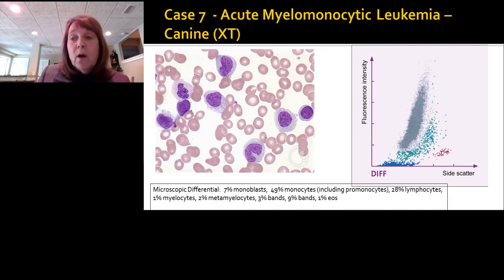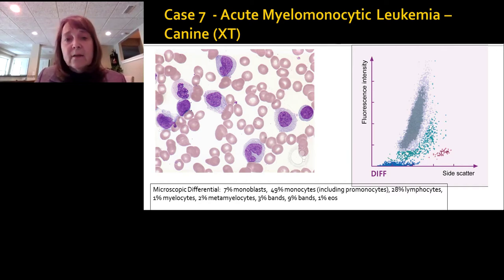Lymphocytes were actually quite normal. And we can see that the classification for this particular dog was an acute myelomonocytic leukemia. So indeed, the XT and XN analyzers can predict for you the presence of leukemia in animals.